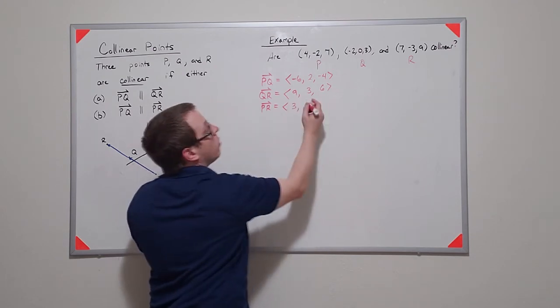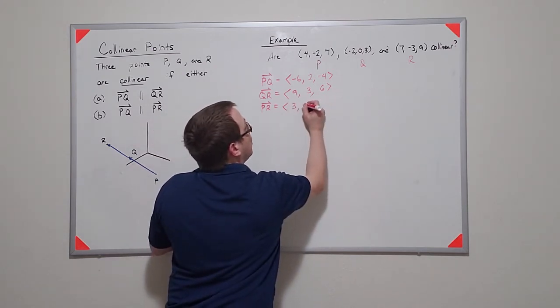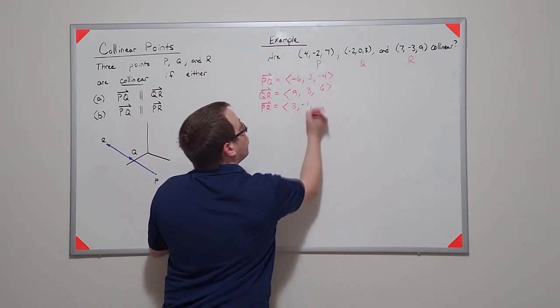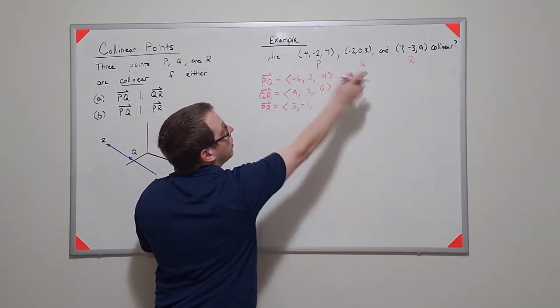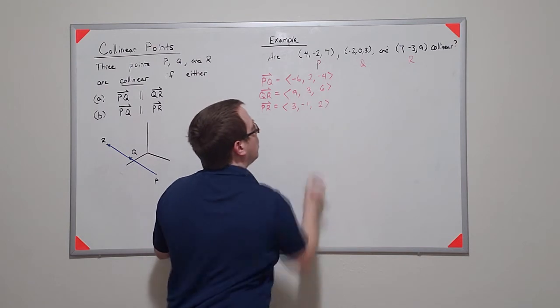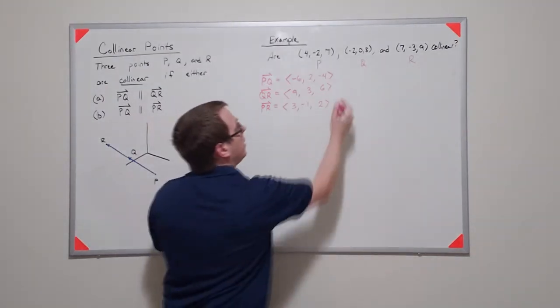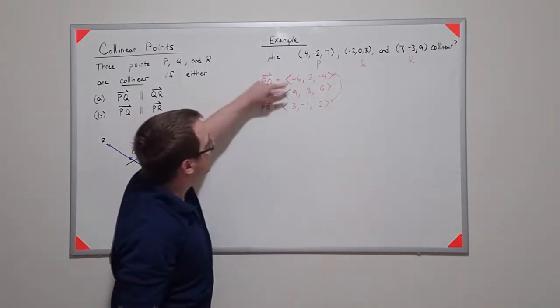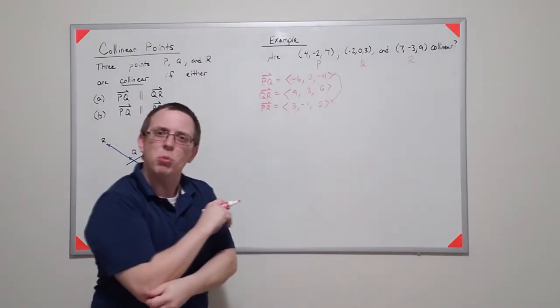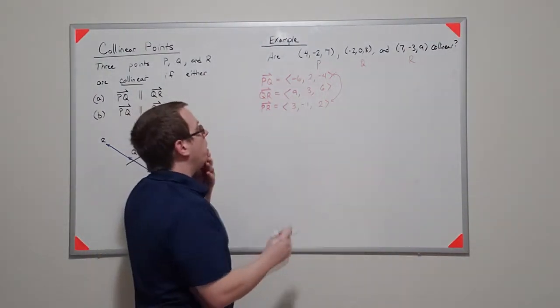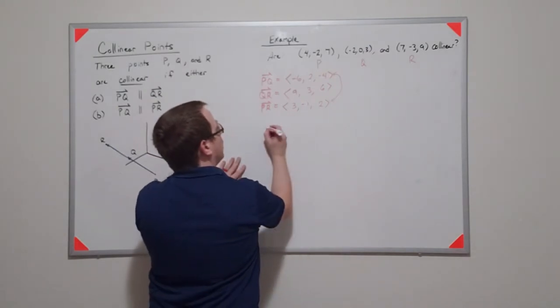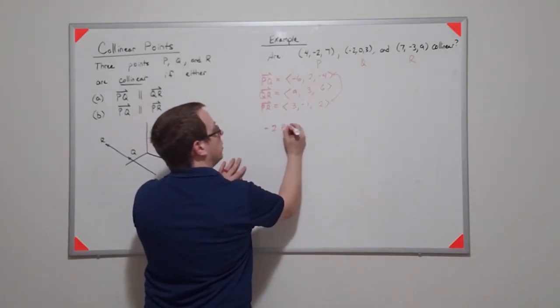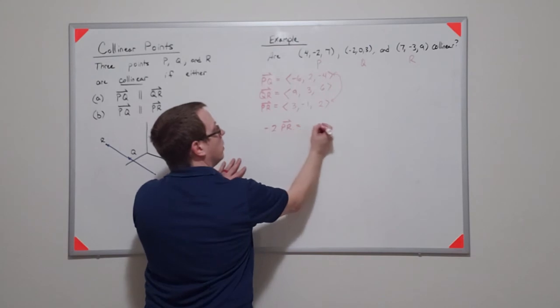So we go 3 over, and then negative 1 over, and then 2 over. If you think about it, comparing these two makes a lot of sense, because it looks kind of doubled there. So what if I say negative 2 times PR?